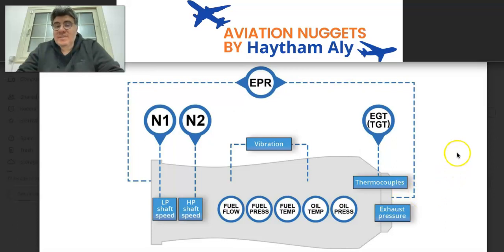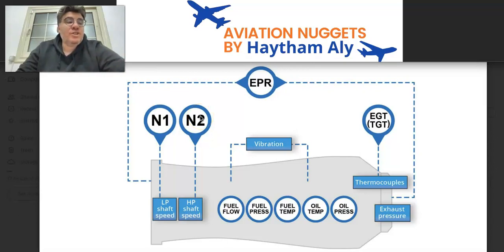And what about the engine condition parameters and engine condition sensors? We may have EGT, exhaust gas temperature. We use thermocouples to measure EGT. Maybe also the high pressure compressor speed, the high pressure rotor N2, for engine condition monitoring.